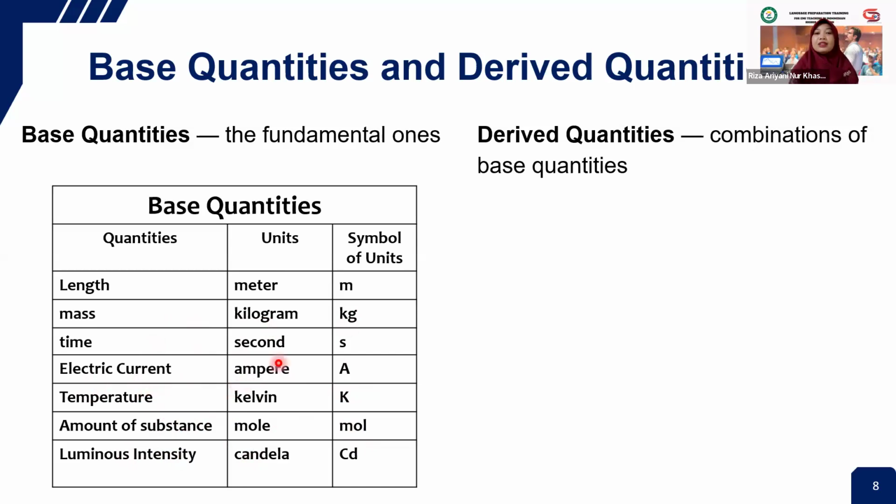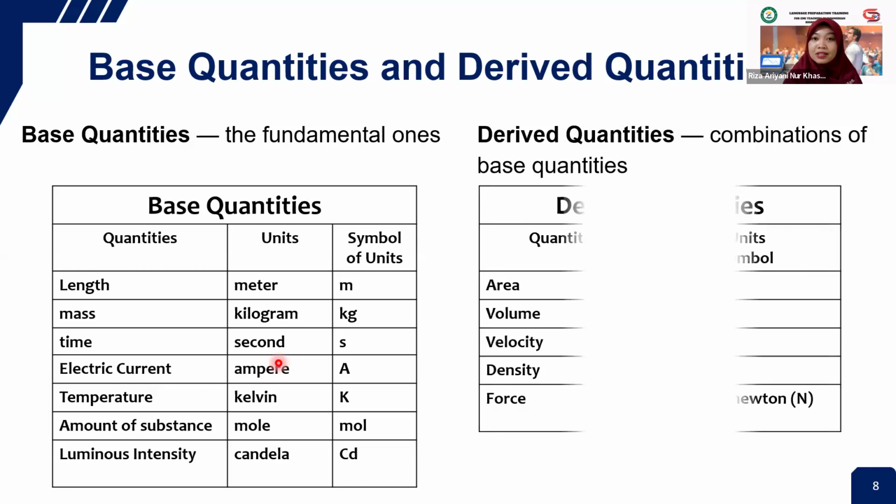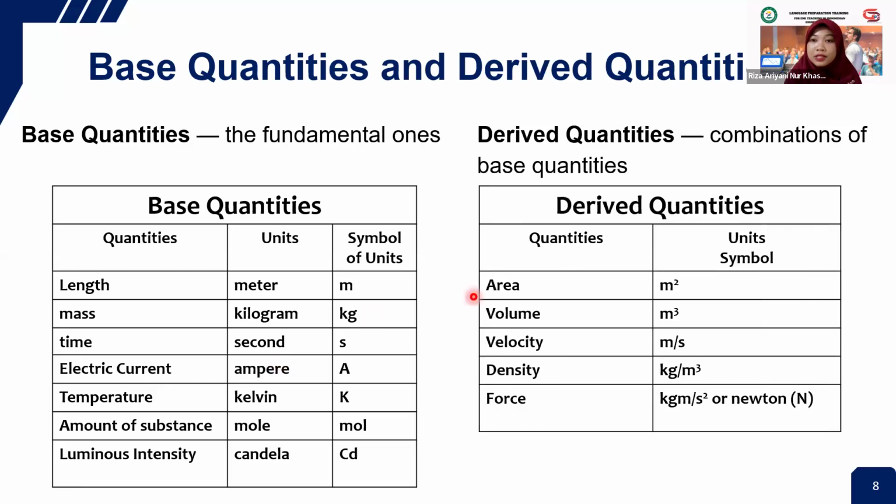Okay? Okay, now how about derived quantities? Can you mention the examples of derived quantities? Velocity. Good. Velocity is a derived quantity. You can see the table. The table shows the examples of derived quantities, such as area, volume, velocity, density, and force. You can see the units of velocity.